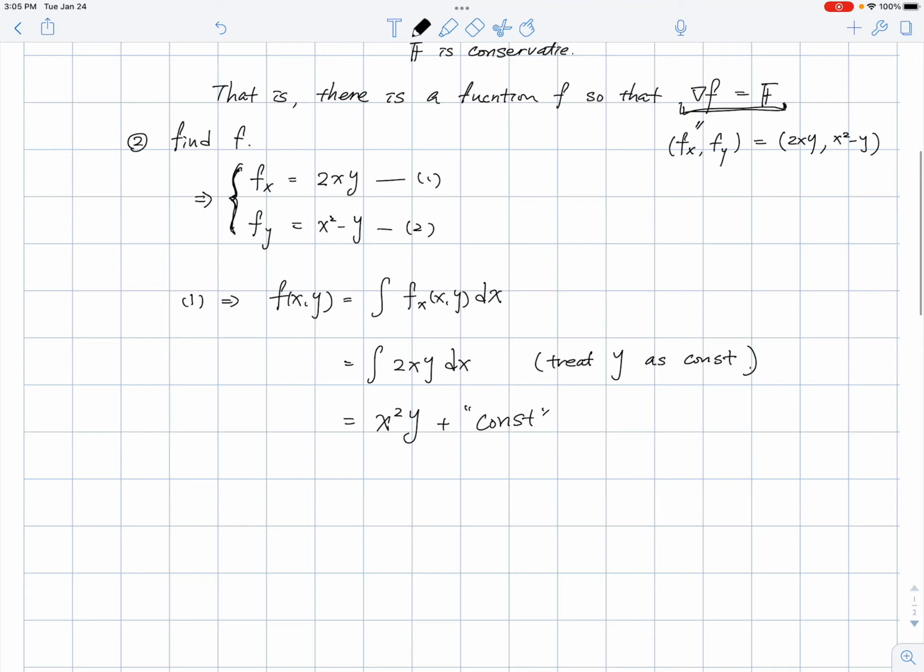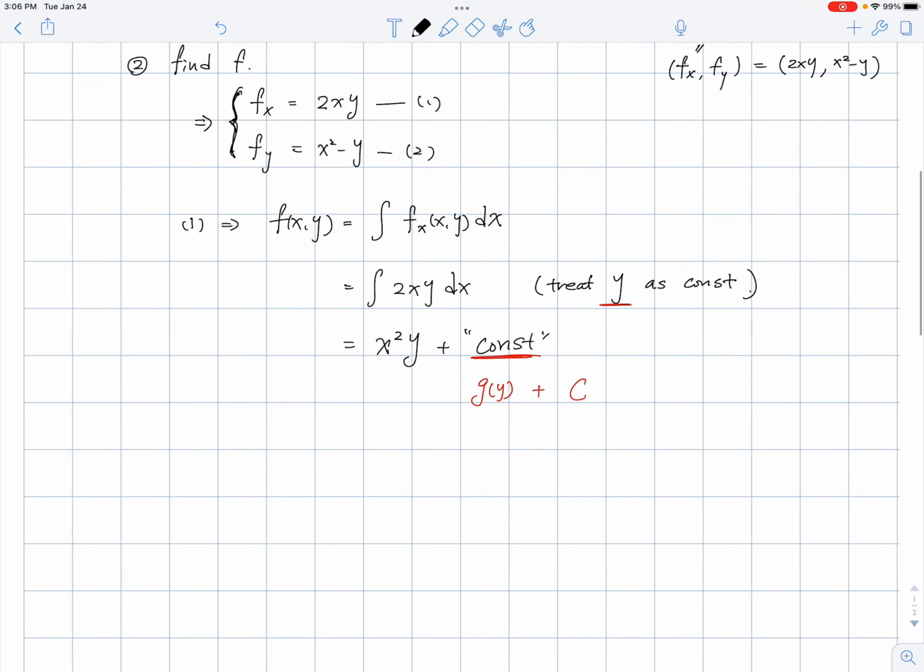Okay, so let's think for a second what counts as constant. An actual constant, like 1, 2, 3, 4, is a constant. But also, if you have a function of y, you are also treating this as a constant, right? Because if you have a function of y and you differentiate this function with respect to x, this whole thing will go away because you are seeing this as a constant.